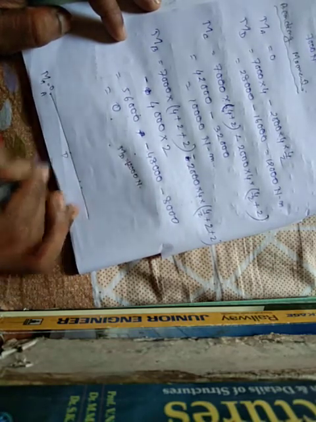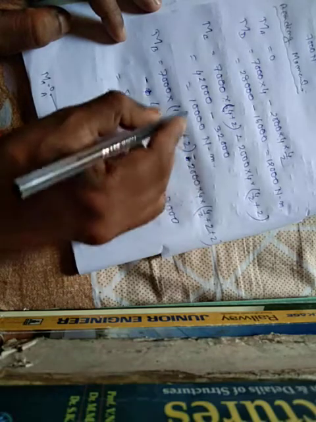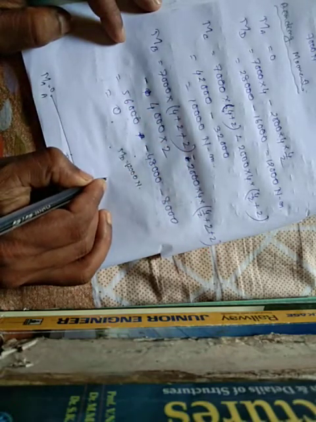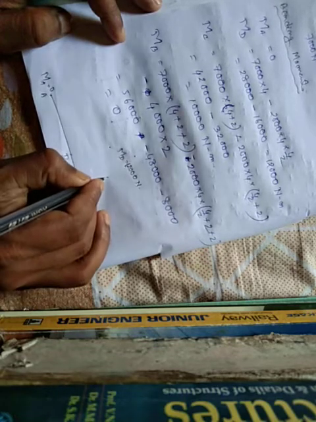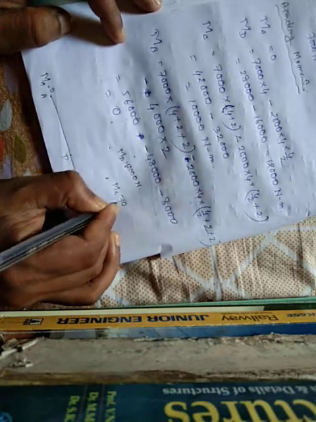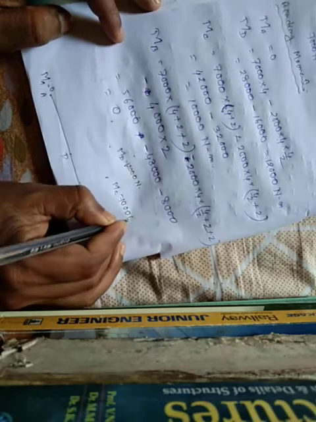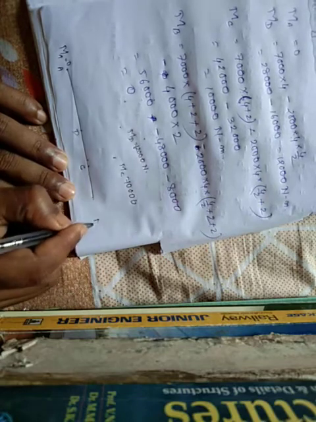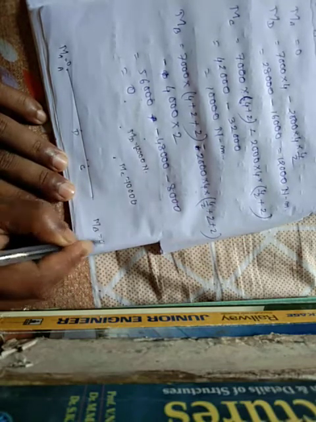This is point D, this is point C. Moment at point C is equal to 10,000 Newton meter. And moment at point B equals 0.